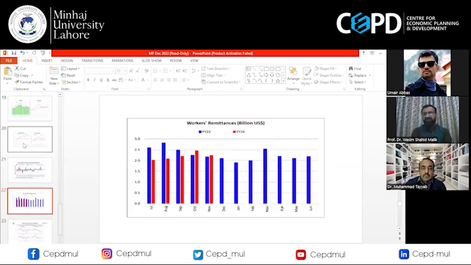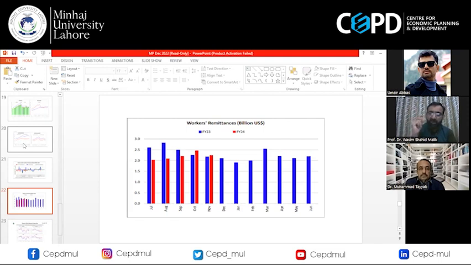If you look at workers' remittances for the first 5 months of this fiscal year and compare them with the previous year's remittances, then for the first 3 months, remittances were lower compared to the previous year.